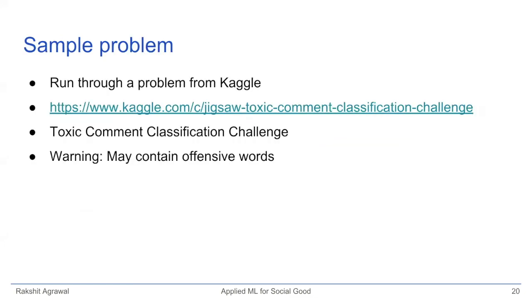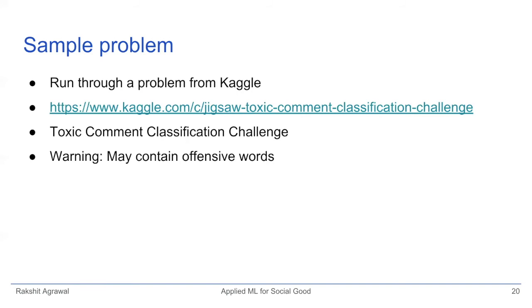So what I did was I found a data set which helps understand some of this pipeline, as well as relates somewhat to a social problem. I mean, it's not related to one of the global goals directly. This problem is toxicity in content.